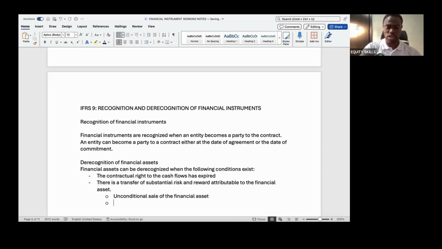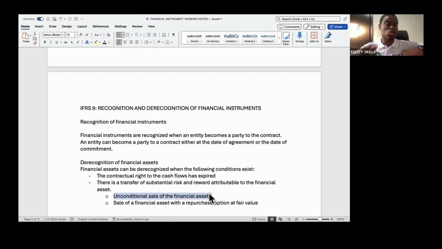And number two is when there is a sale of a financial asset with a repurchase option at fair value. So when there is a transfer of a financial asset with a repurchase option at fair value, we can say that you have transferred substantial risk and reward, right? So this first one is clear. It means that you have sold the financial asset.